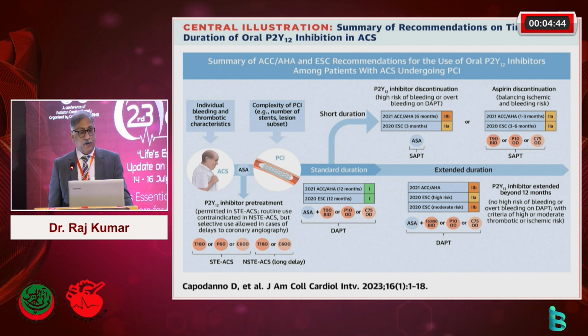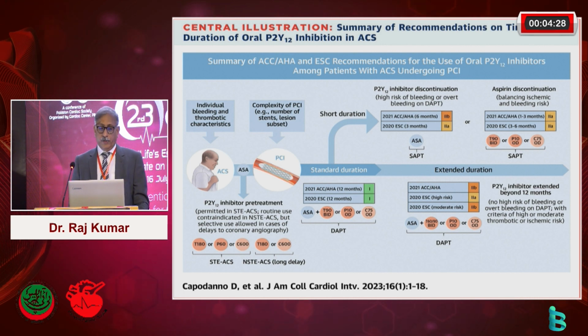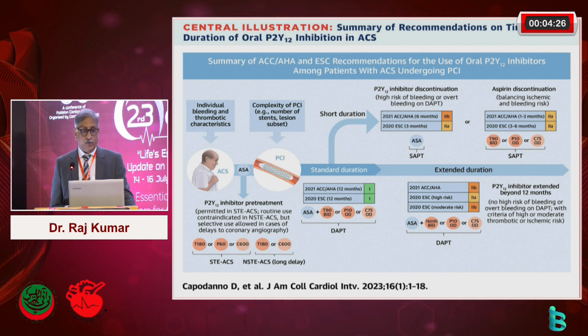The 2023 American Journal of Cardiology says in summary that individual bleeding and thrombotic characteristics must be kept in mind. If the patient is prone to bleed, then you must restrict yourself even to single therapy. And how long should we use this drug even in post-PCI patients?